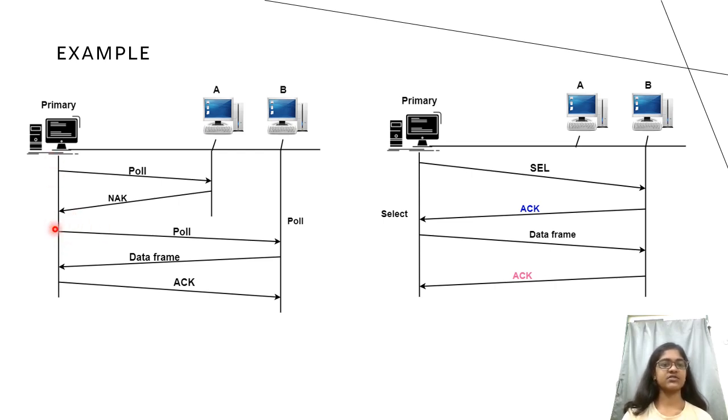Next, the primary device moves on and asks the next device if it has any data to send. Since this device has data to send, it sends the data and an acknowledgement is received. Similarly, in the select function, the primary device selects one of the secondary devices and asks if it needs the data. If the particular secondary device needs the data, it sends an acknowledgement saying it needs the data. Then the data is forwarded and an acknowledgement is received.